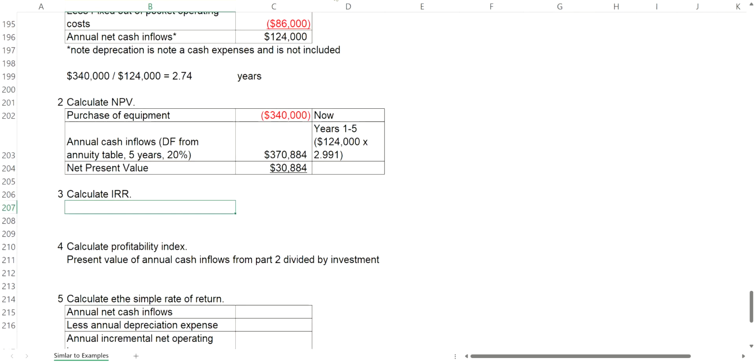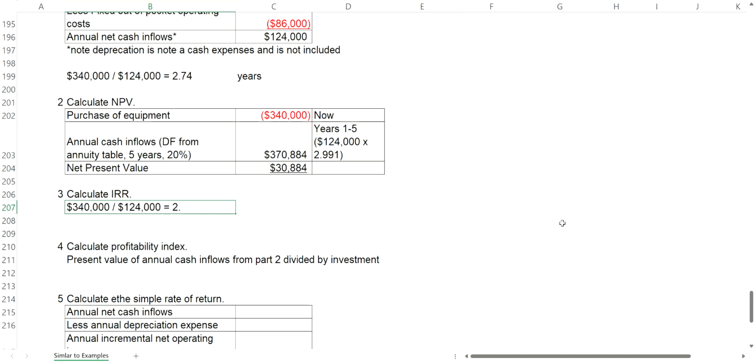Okay, next in part 3, they want you to calculate the IRR. We first have to determine the discount factor that we're going to look up on the table. We'll do that by taking the investment of $340,000 divided by the annual cash inflows, which we calculated were $124,000.